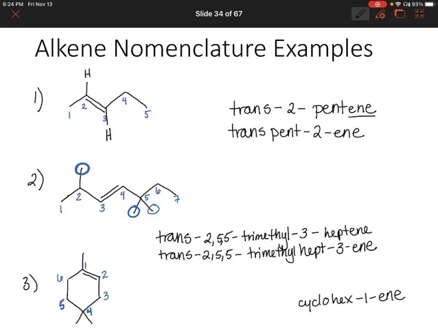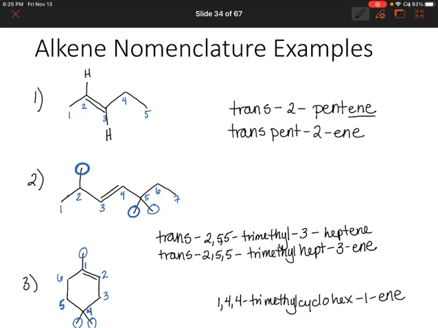It's just a little bit easier for ring systems. And then we have a few substituents here. We have a methyl group at position 1 and 2 methyl groups at position 4. So we would list out 1, 4, 4, trimethyl cyclohexene.